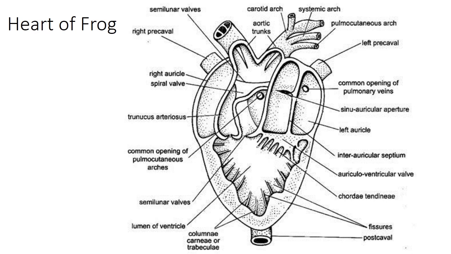This spiral valve is attached dorsally but free ventrally, and the truncus arteriosus divides into the right aortic arch and the left aortic arch. So that's the structure of the heart.